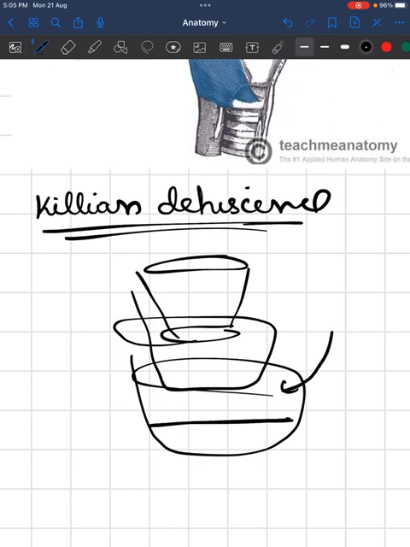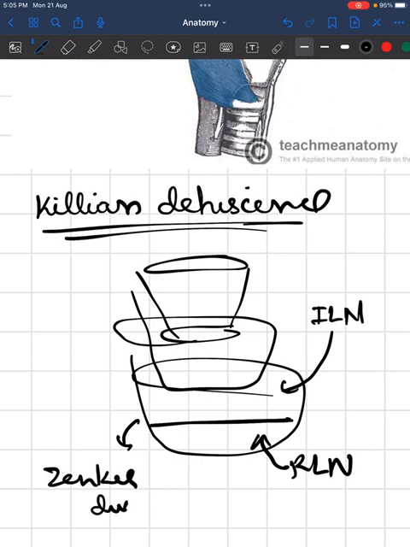The thyropharyngeus above is supplied by the superior laryngeal nerve, and below is supplied by the recurrent laryngeal nerve. So if there is any incoordination between the nerves, it leads to the creation of a space, which leads to Zenker's diverticulum.